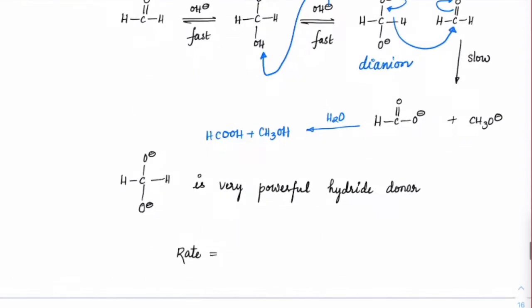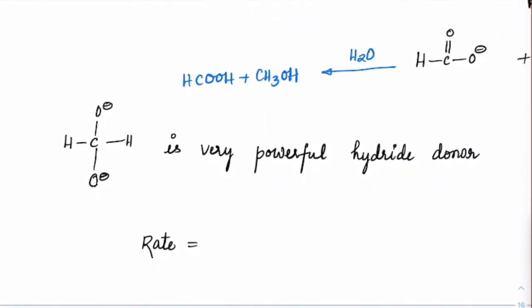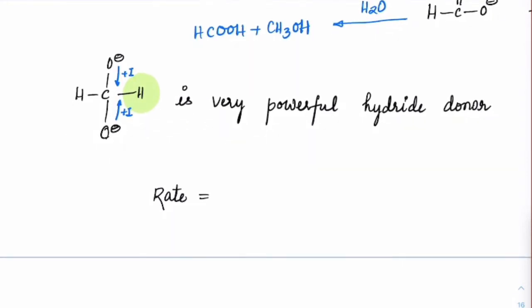Now if you observe this hydride here, it has a strong plus I effect from both the ends, which makes the hydride leave at a much faster rate. Got it? So the hydride would be easily removed as long as we have strong donating groups. Okay. What would be the rate now?